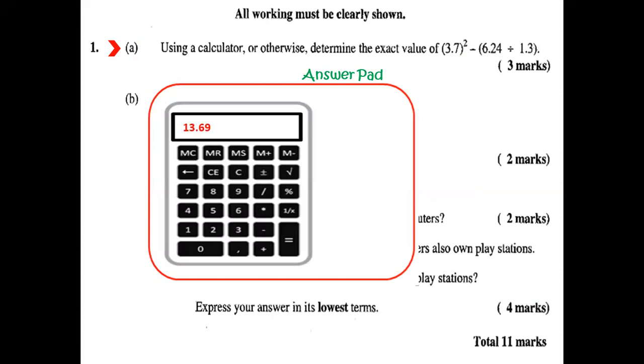Giving us 13.69. And what's in the bracket on the other side would compute to 4.8. When you subtract them, 8.89. If you ask me personally, that is like a free 3 marks, right? Can't go in the exam and miss these marks, we have to capitalize on them.